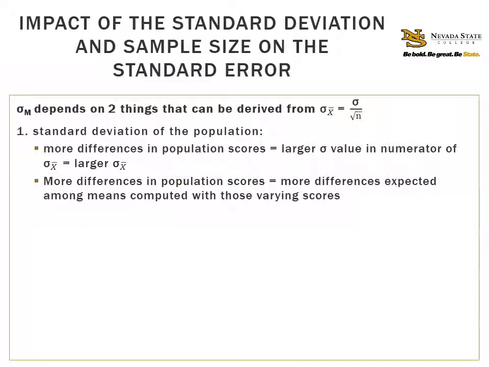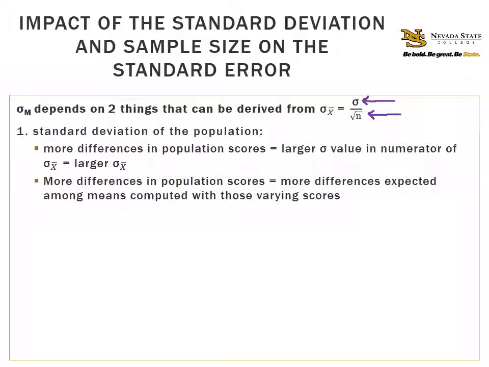So as you may have guessed, based on the formula for the standard error, the value for the standard error, or the amount of differences you would expect to see just due to chance between any given sample and the population, depends on how spread out scores are in the population, or the population standard deviation, and your sample size. So let's think about this mathematically.